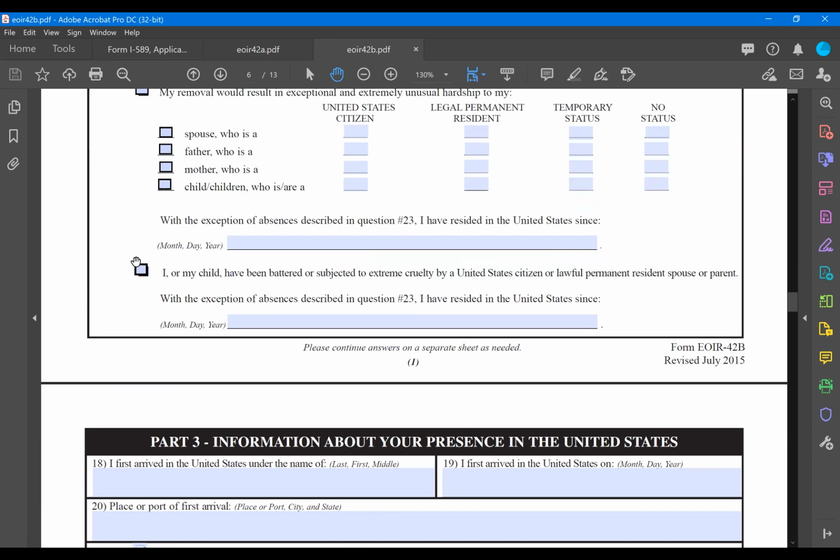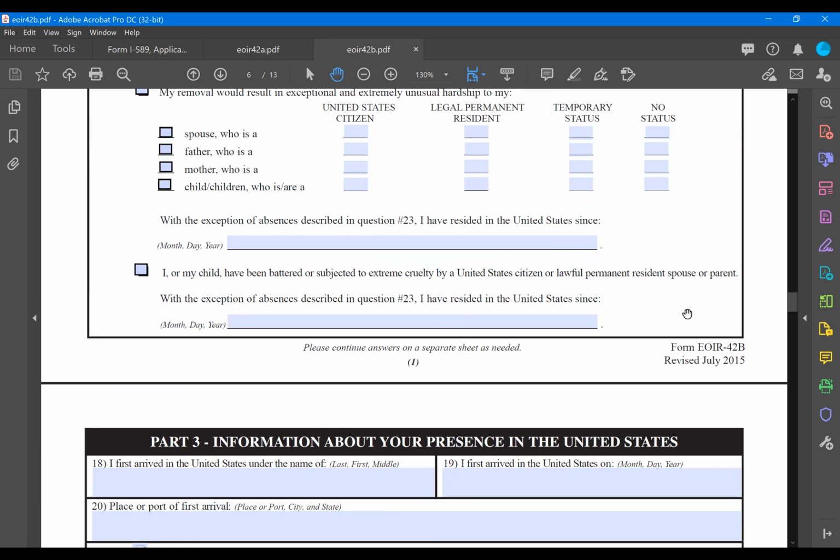This is VAWA special rule cancellation. Most of our VAWA cases are affirmative. We're sending them to USCIS. But we can also show that somebody, due to extreme cruelty, that's essentially a VAWA case, deserves cancellation of removal if they're already in removal proceedings.